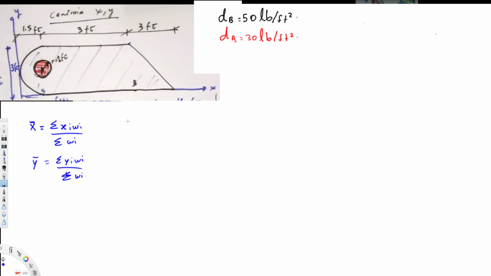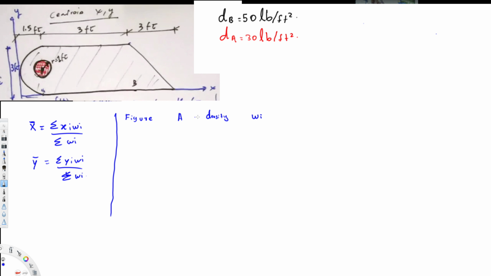To calculate this, first of all we have to create a table. In this table, the first column is the figure and area. Then the density is given, so let's say this is density, and then the weight.